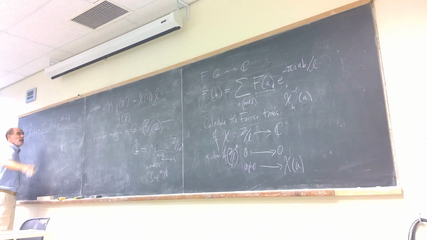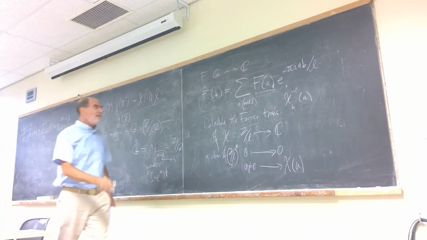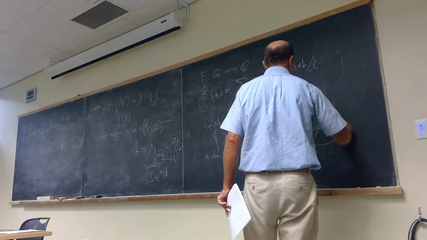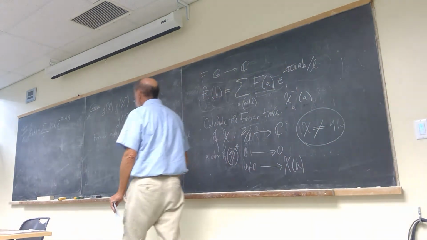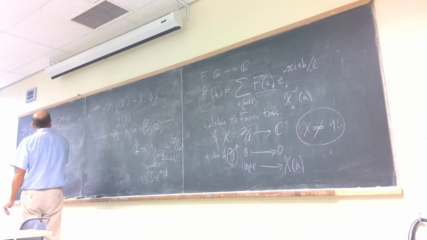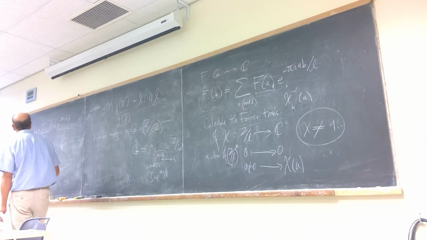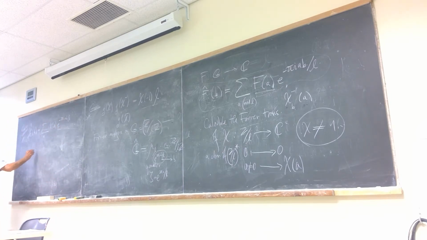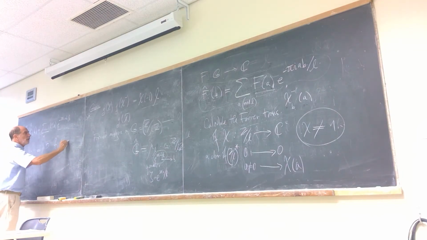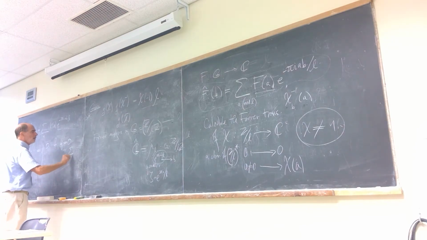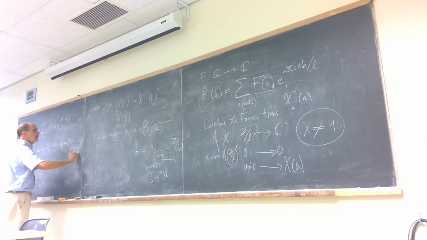And when you sum over the non-zero elements, and we're assuming that we have a non-trivial character, I should have said that many times, chi not equal to 1, the sum of a non-trivial character over the group is 0. So chi hat of B is equal to 0 if B is equal to 0, as the sum over A not equal to 0 of chi of A is equal to 0.